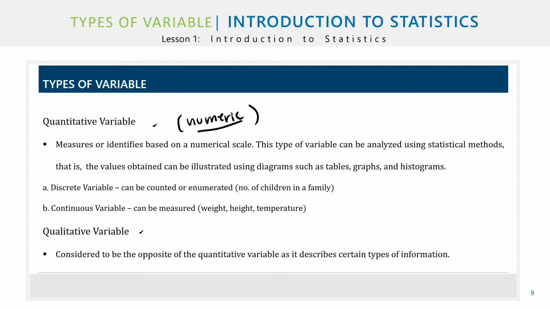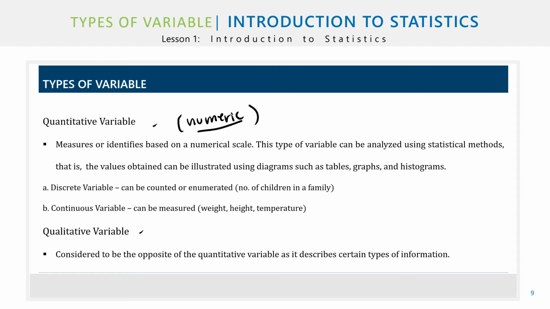Okay, so out of these numbers, we can illustrate them using various graphs or various diagrams. So under that quantitative variable, nahahati siya sa dalawa, which are discrete variable and continuous variable.